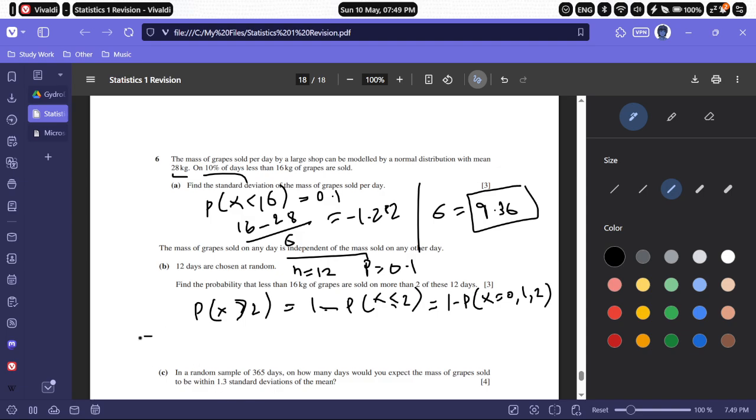Now you just calculate that. Again, pretty easy.